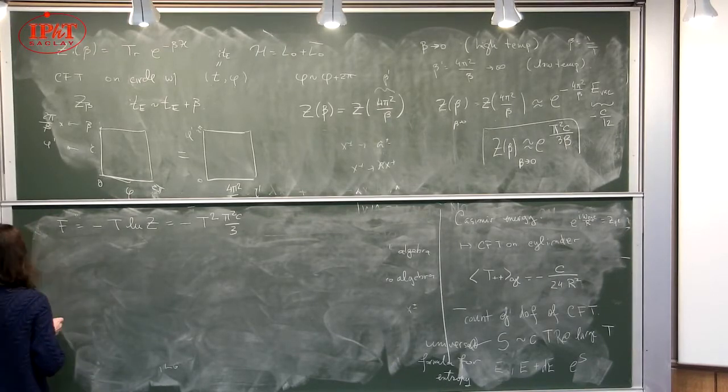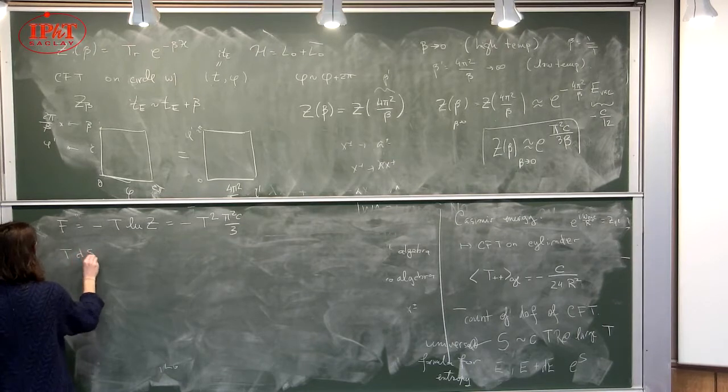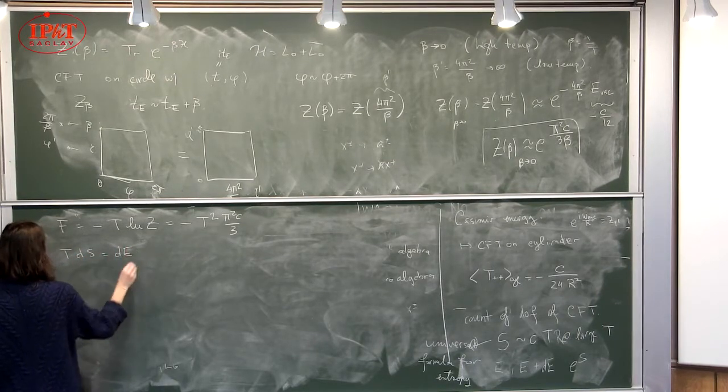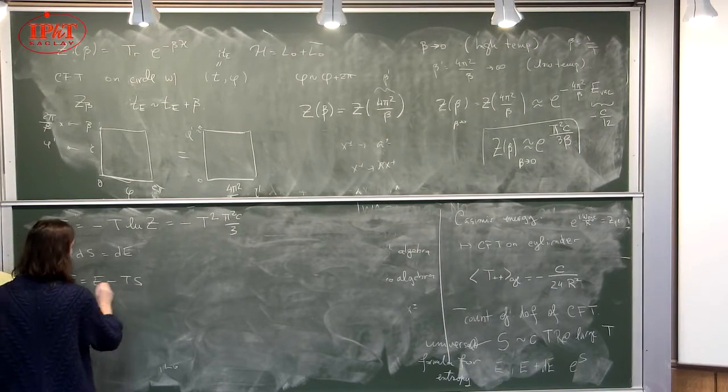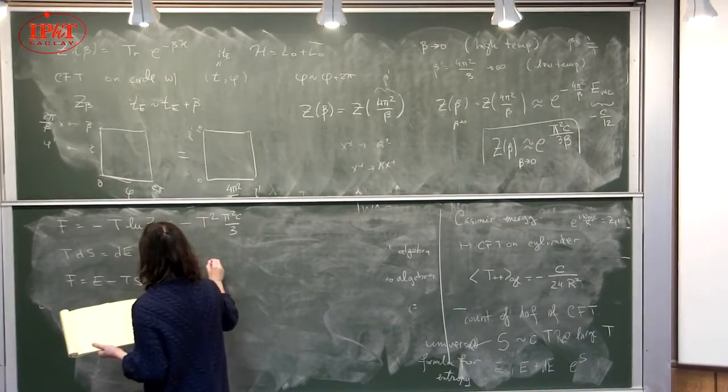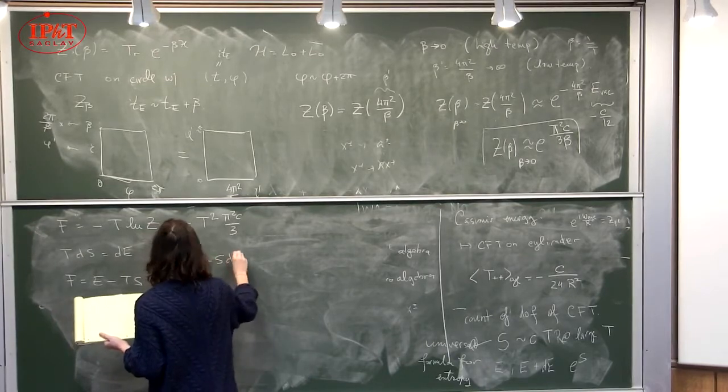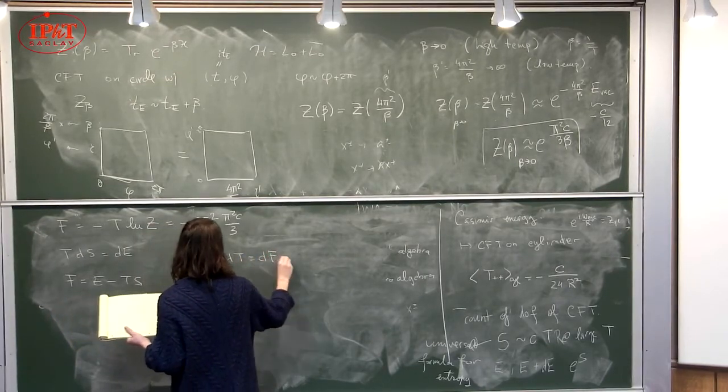And then you have something like T dS is dE, and F is E minus TS. So from this you get that minus S dT equals dF.